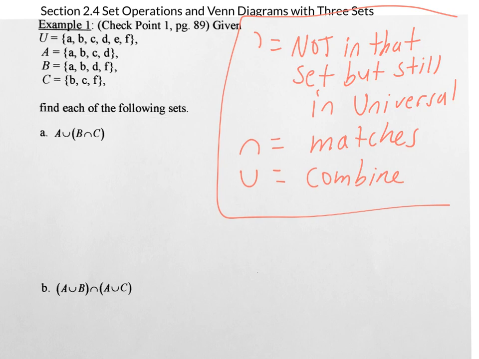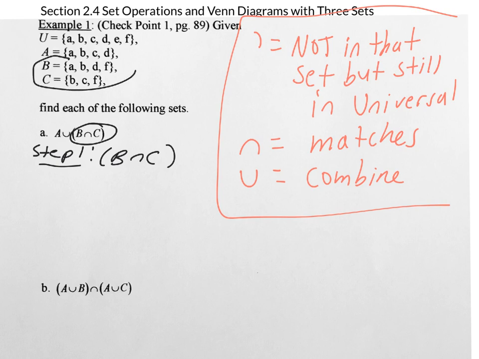So starting with question A, we have A union parentheses B intersect C. So if we think back to the last video, we said that when you have a whole mix of operations like this, you always do inside parentheses first. So step 1, inside parentheses, we have B intersected with C. So here are B and C above, and intersection, we said means matches.